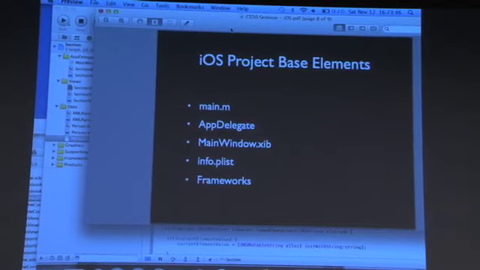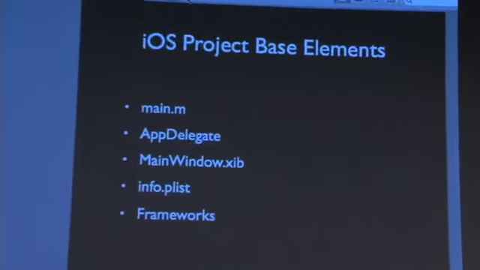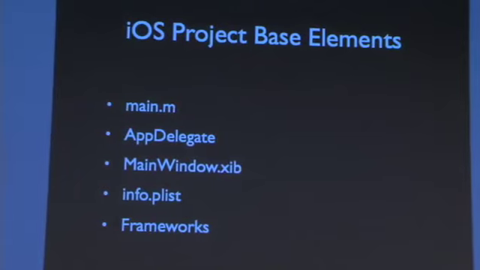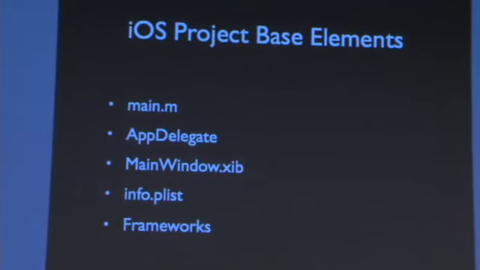Very simple. You never touch it. You have the app delegate, which is the first class that gets called when your app launches. You have the main window, which is basically the main window that kind of takes over the phone and then allows you to manipulate the items in it.